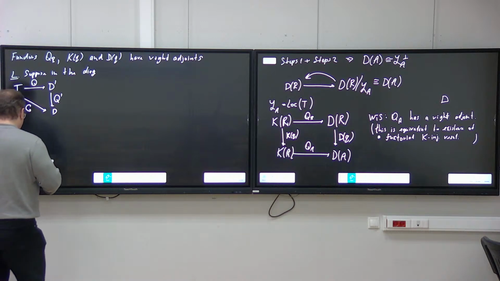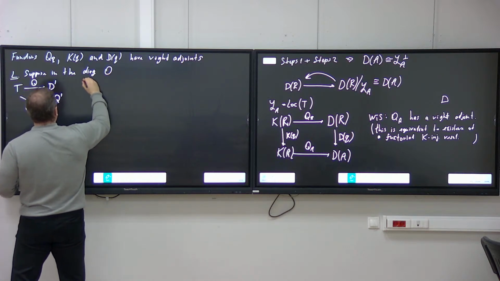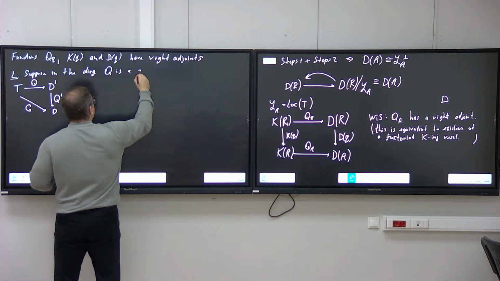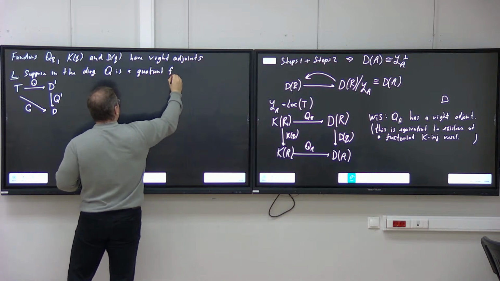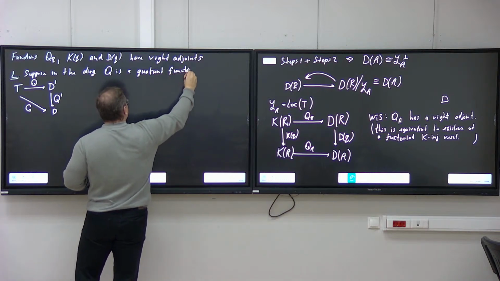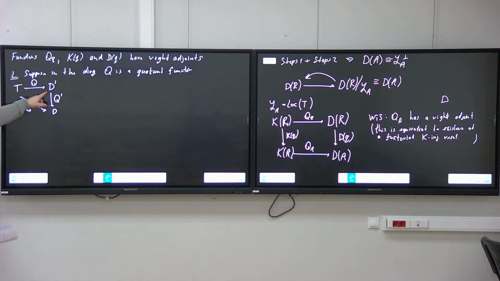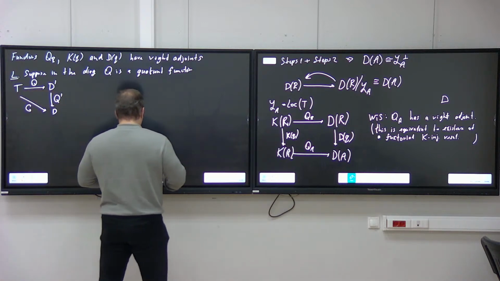Suppose that in the diagram Q is a quotient functor. In other words, this is a functor such that D prime is the Grothendieck quotient of T by some fixed category, and this is just the canonical functor to the quotient. This is called the quotient functor.